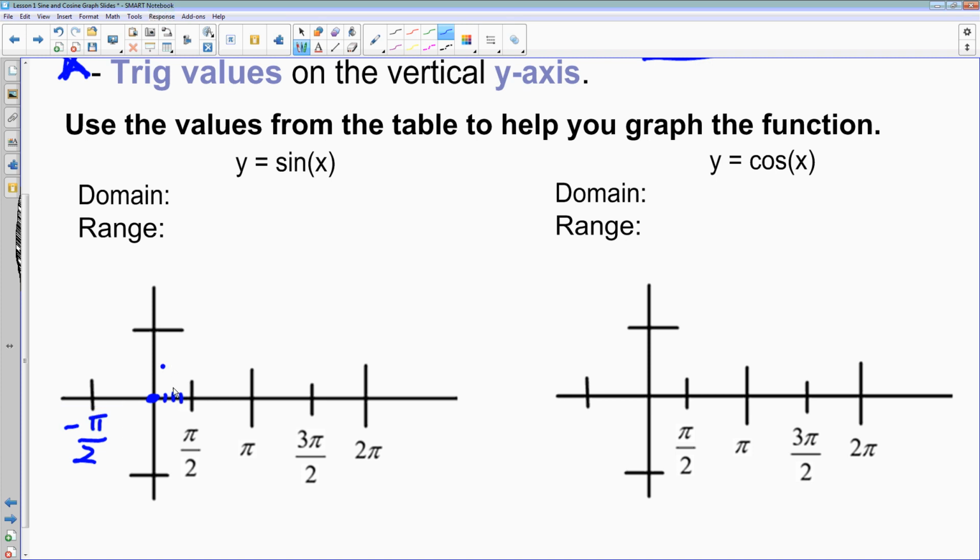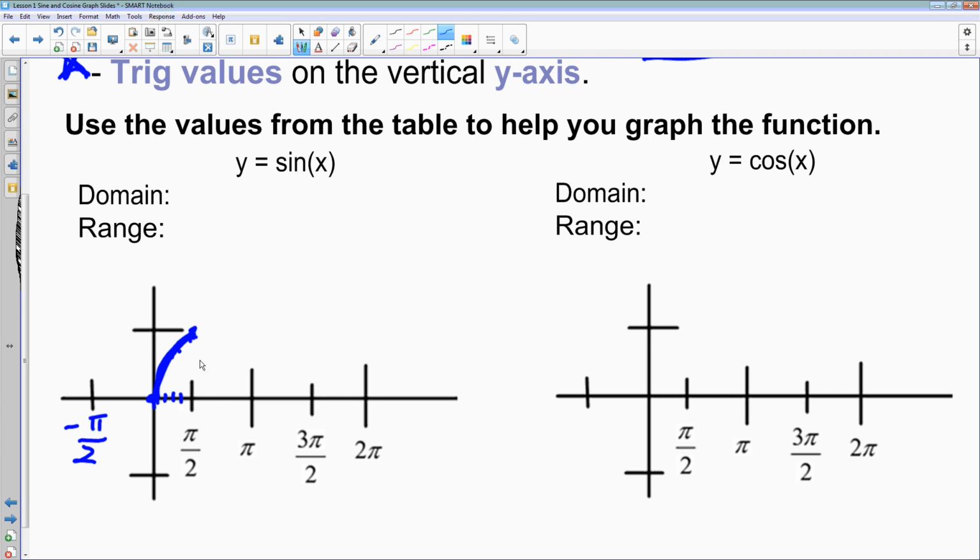Sine of pi over 4 is like 0.7, sine of pi over 3 is like 0.8, or they'd probably be a little bit higher than this, it's a little skewed, but sine of pi over 2 is 1. So right here we have a little curve, okay? So we have some curving action there.